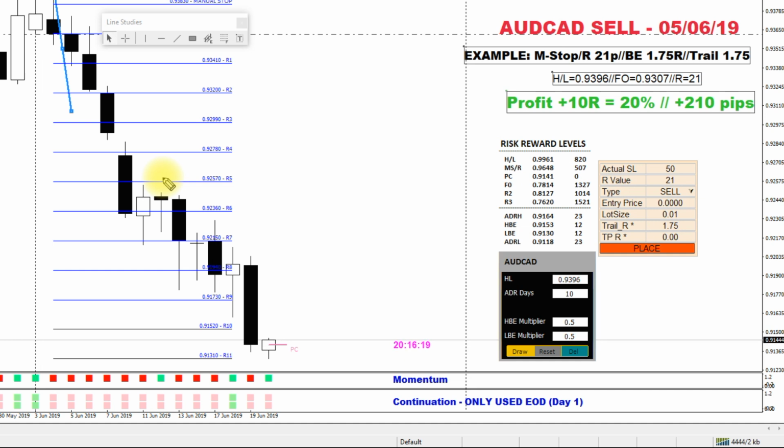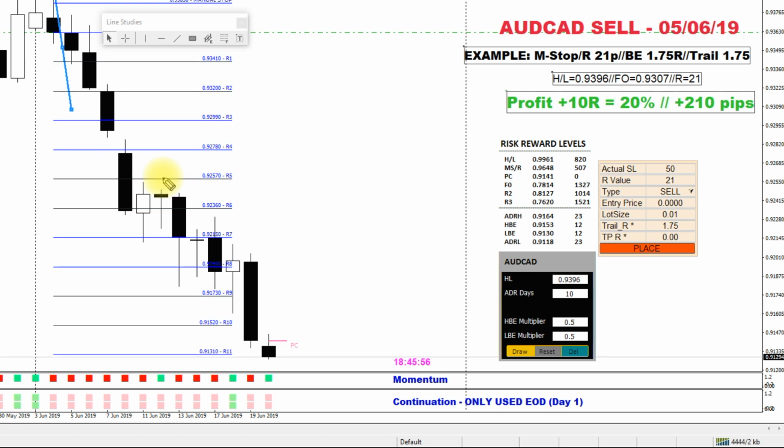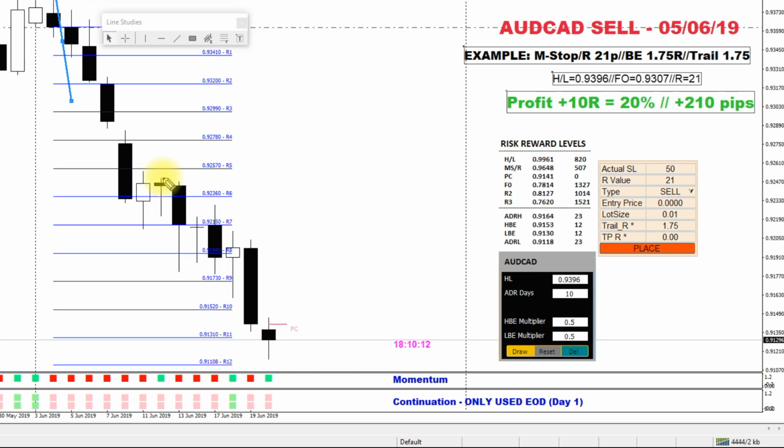We've gone through 10.75. Looks like we've almost gone through 11.75, so our stop may be now at R10.